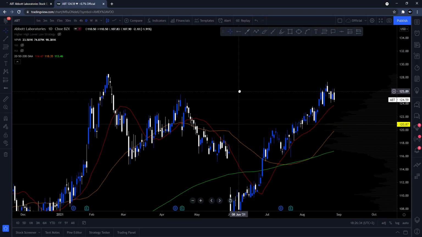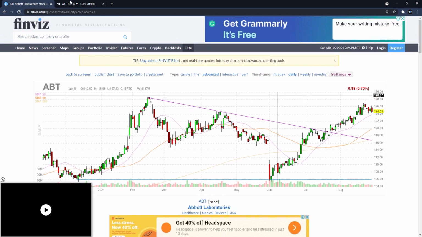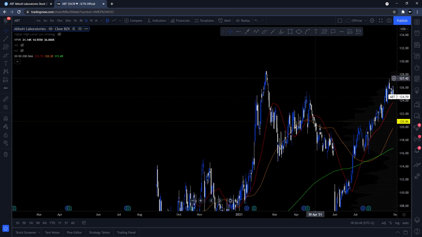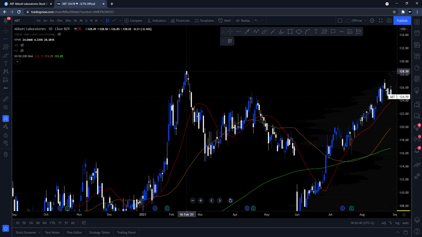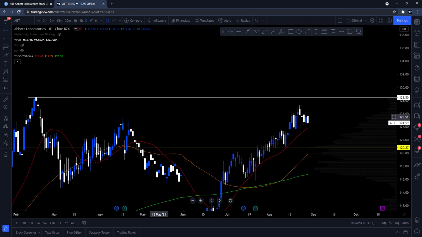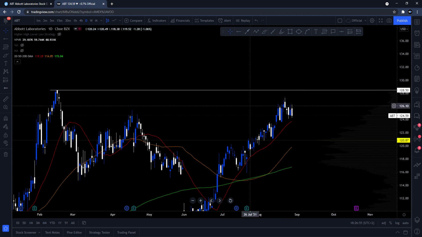As we did on the screener, we said for it to be 0 to 5% below the 52-week high, and as you can see, this is the 52-week high. We can mark it out for you guys. This is how it looks at the moment, just below the 52-week high.